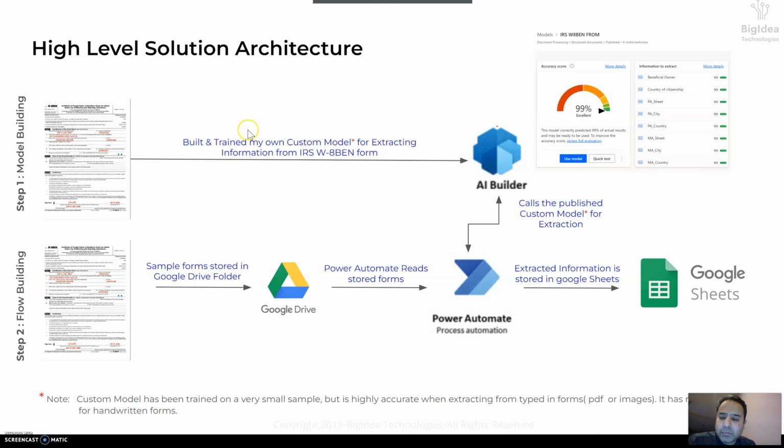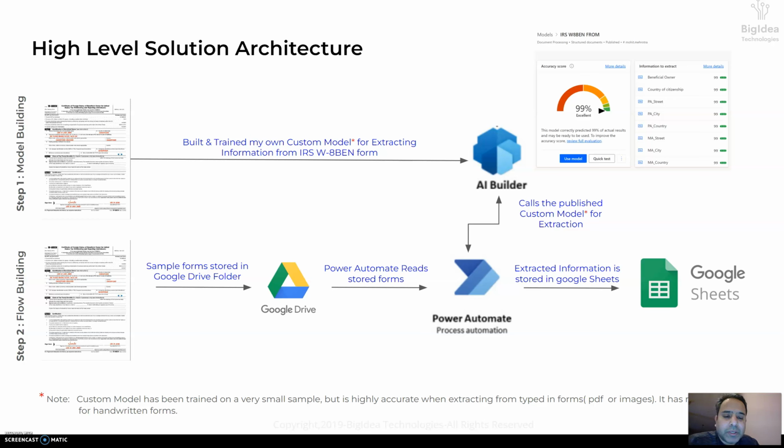there are essentially two parts to the solution. The first one is what I'm calling model building, where I've built and trained my own custom model for extracting the information from the form using AI Builder in Power. As you can see, it has a pretty high accuracy. The only caveats are that this has been trained on a very limited sample size, obviously.